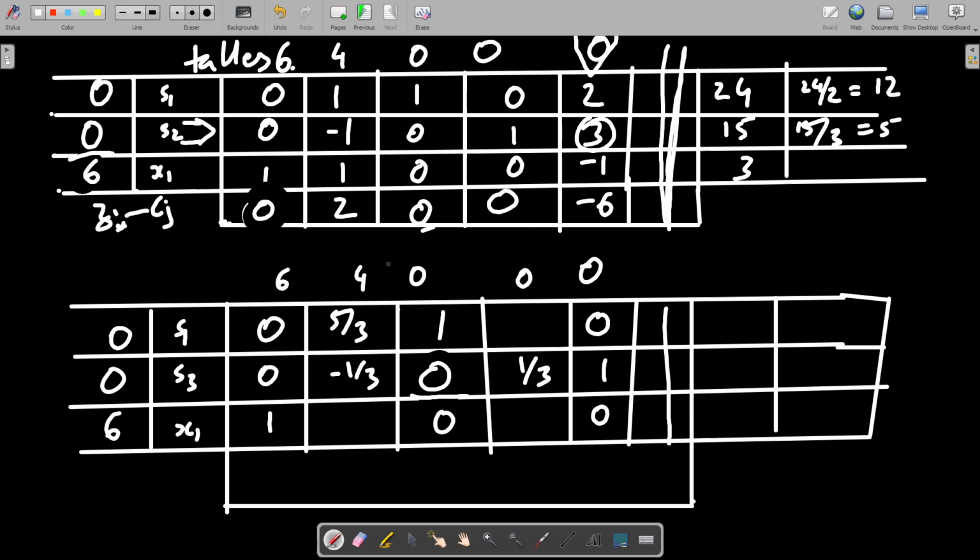So that will become minus 1 only. So 3 into minus 1, so 2 by 3. Okay, next will be this entry here. So 3 into 0 minus this thing. So minus 2 by 3. 3 into 0, this will become plus 1 by 3.